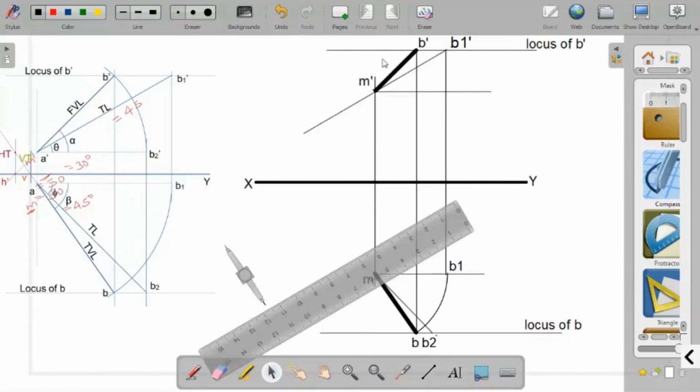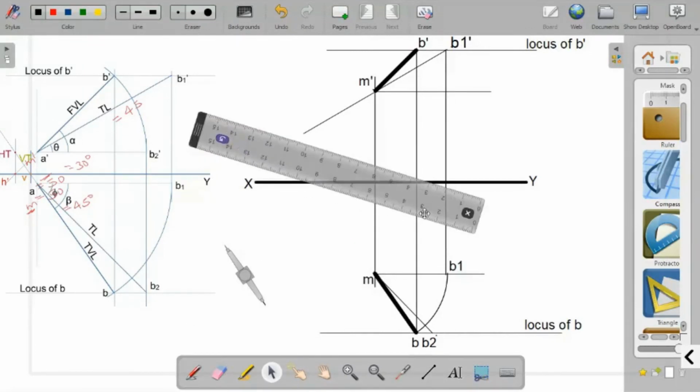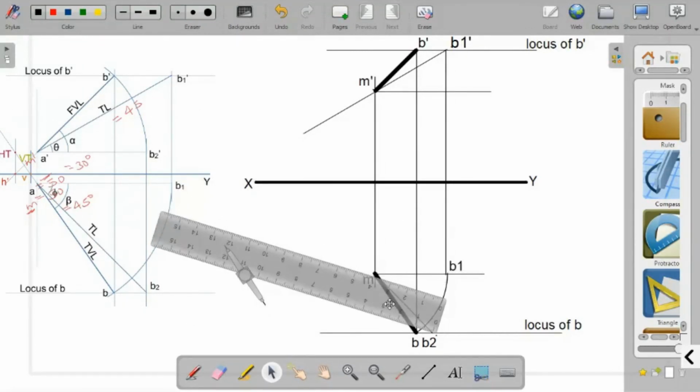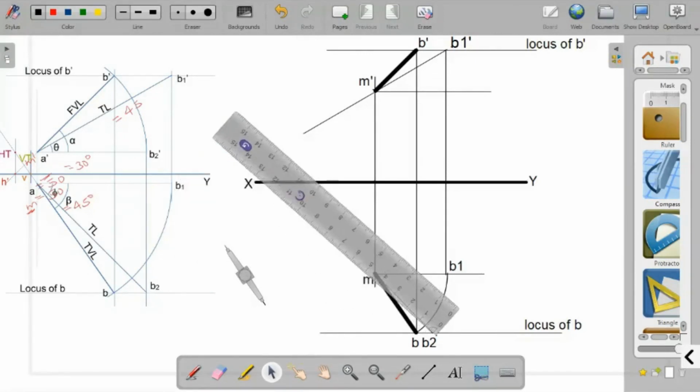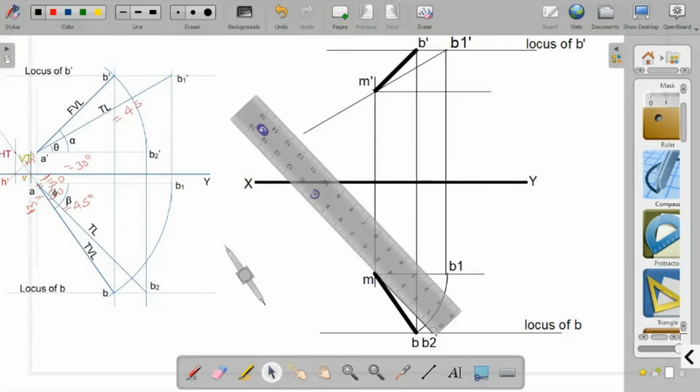It's also possible. Now here also I need to put the same distance, so from 45 to 90.